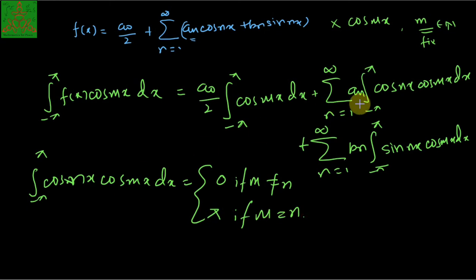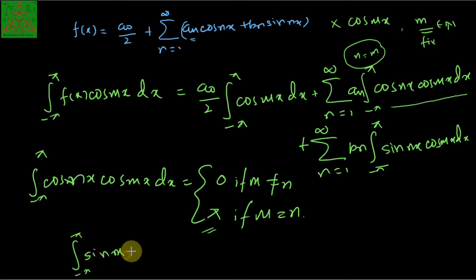So if I use this here in this integral, only the nth term is left, because this is a summation from 1 to infinity. When n is equal to m, the quantity left is pi. Otherwise, all the terms inside the summation are 0. And about this one, the integral from minus pi to pi of sin nx cos mx dx will be 0 for any m. So this quantity will become 0 for any m. But here this is pi if m equals n.